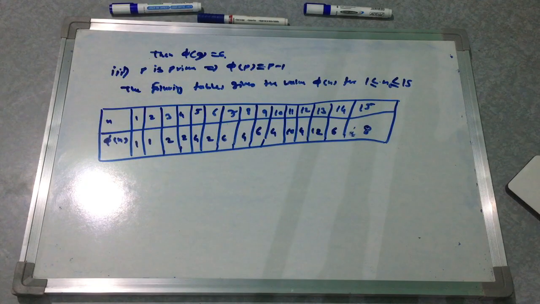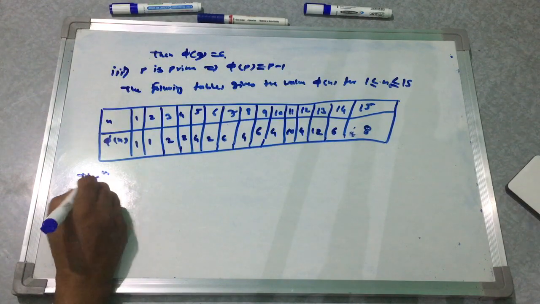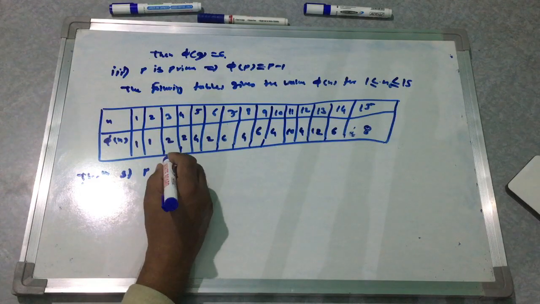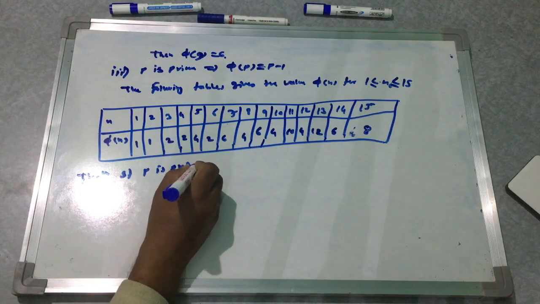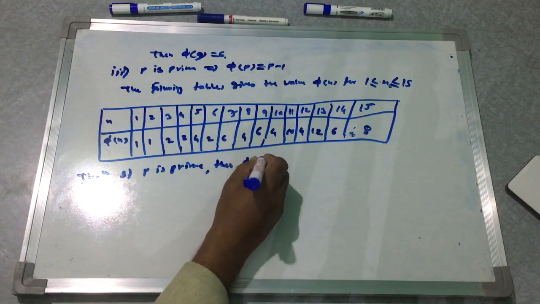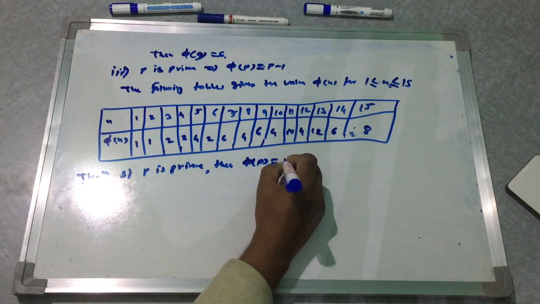Then we have to look into the theorem. The theorem is: if P is a prime number, then phi of P is equal to P minus 1.